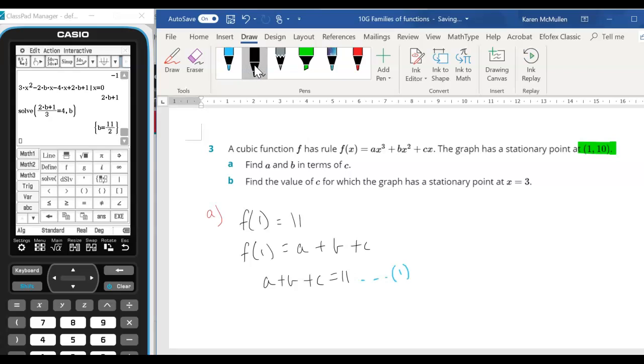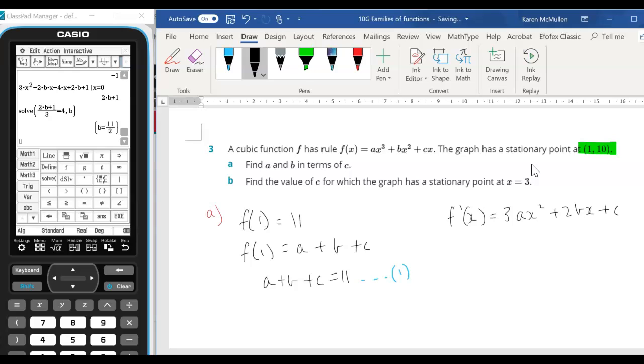And then the second equation, because we know it's a stationary point, I just go ahead and find the derivative, which is not too hard. Even though it's in terms of a, b, and c, you just treat a, b, and c as if they were numbers. So we're going to have 3ax squared plus 2bx plus c.